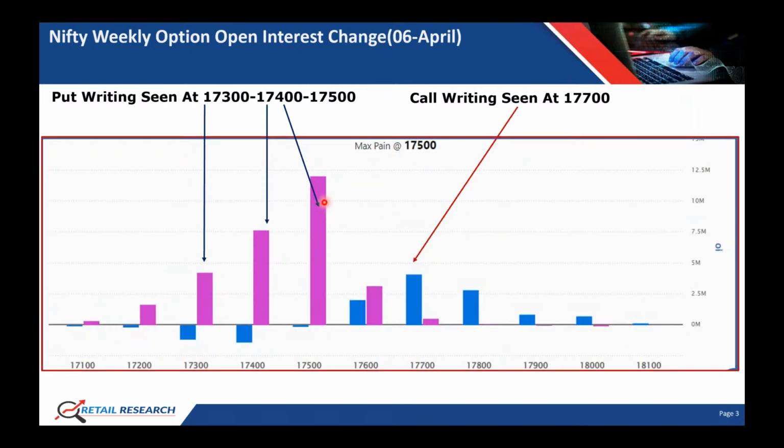If you see what has happened recently in this expiry, a large amount of puts have been written, especially at the 17,300, 400 and 500 levels. So the puts have been written quite aggressively, and at 17,700 calls have been written, which is not that high compared to puts.